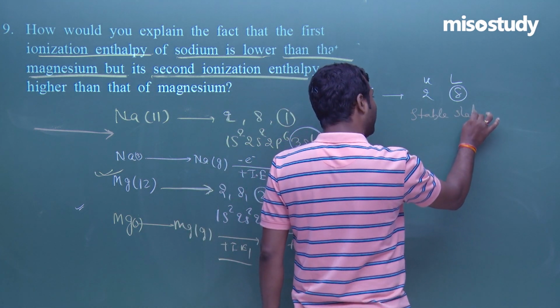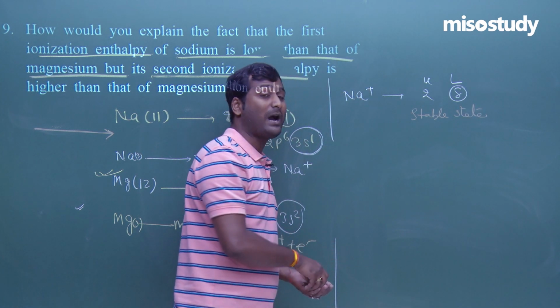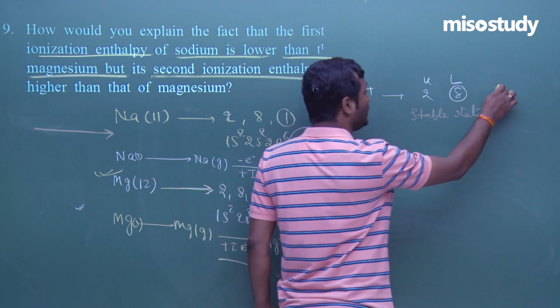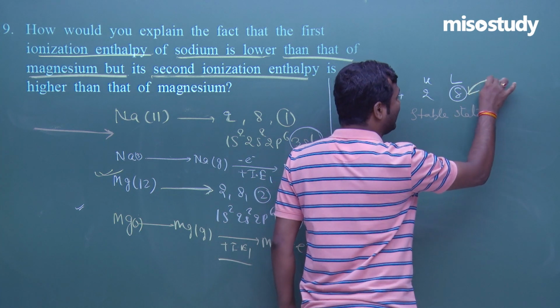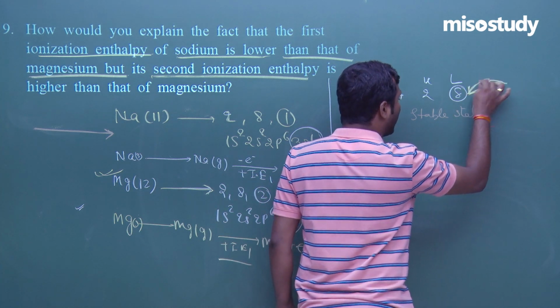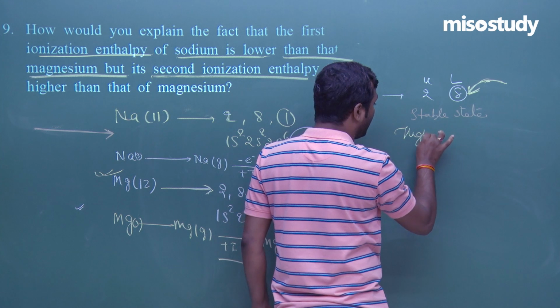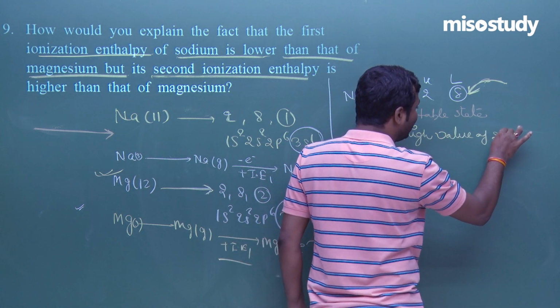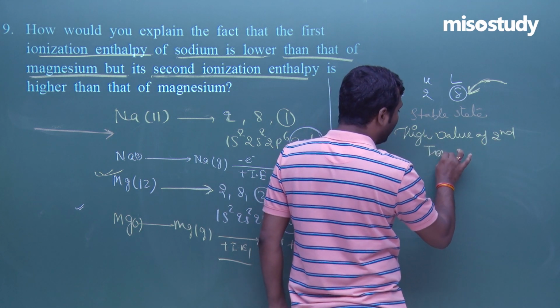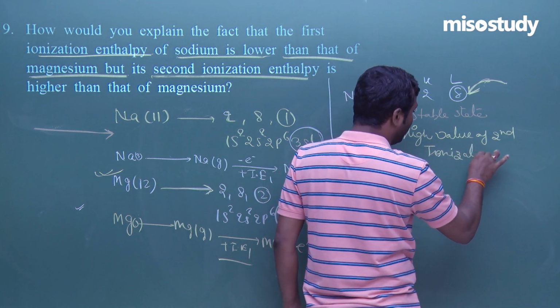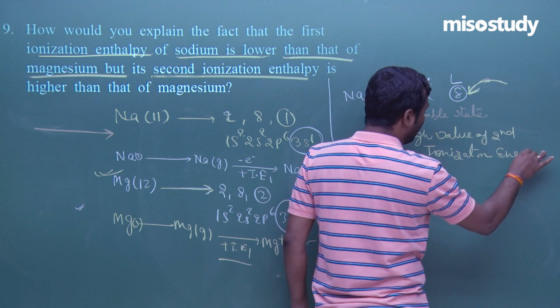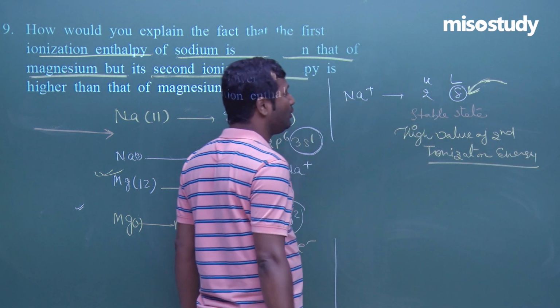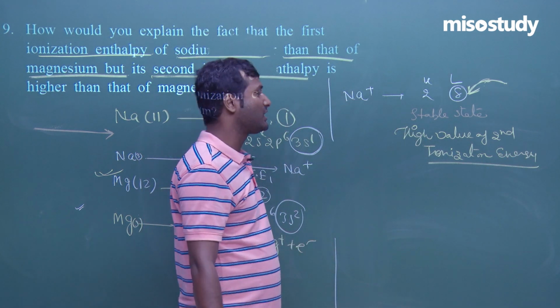If it is in complete stable state, then we require maximum amount of energy to release this inner shell electron. So it will have high value of second ionization energy. Clear to you? Again I am telling, it has high value of second ionization energy.